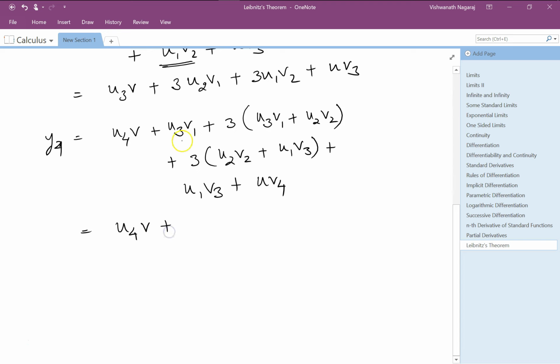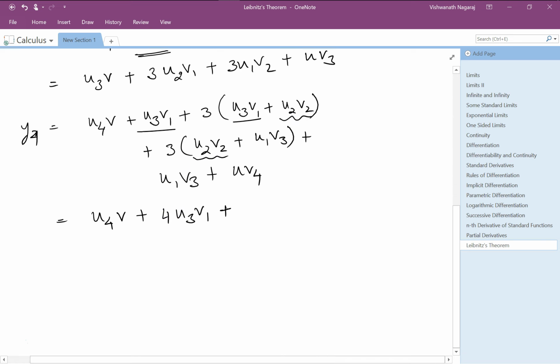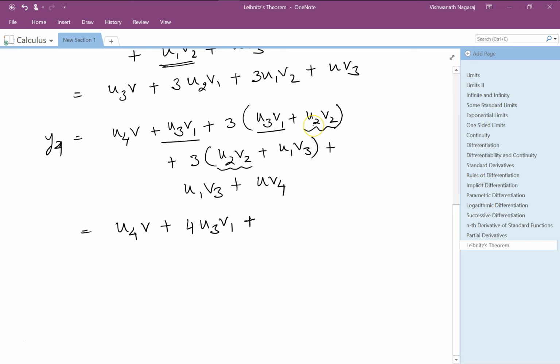Now these like terms combine: 3 plus 1, 4 u3 v1, plus 3 of this and 3 of this is 6 u2 v2, plus 3 plus 1, 4 u1 v3 plus u v4.